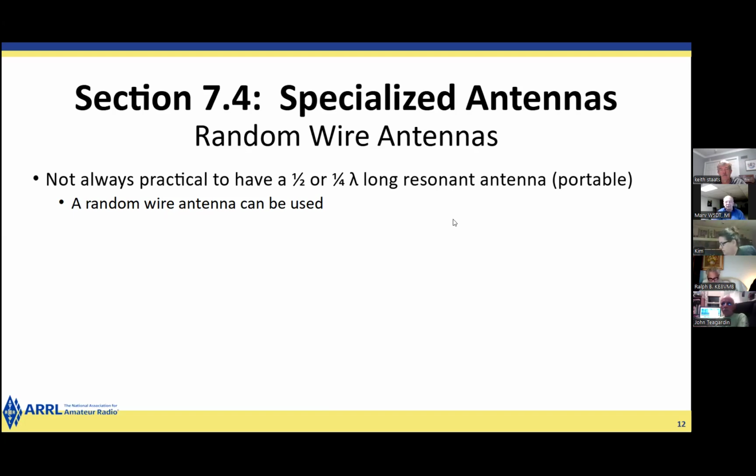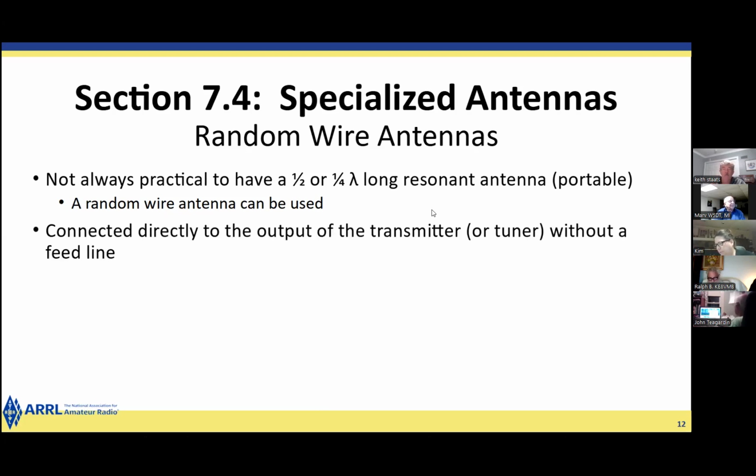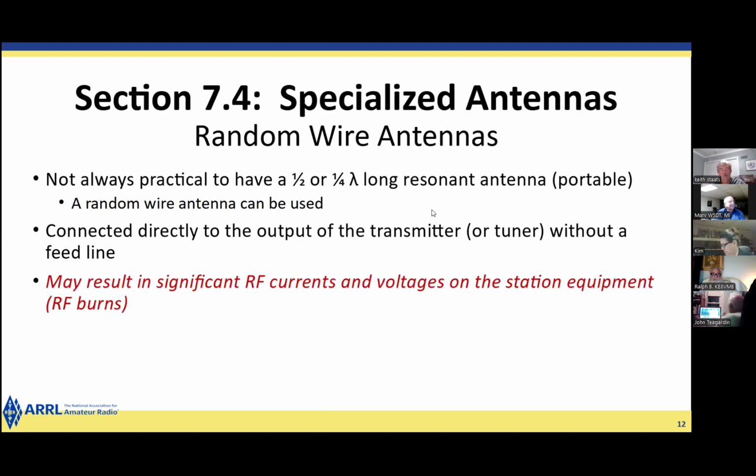In other words, just throw something out there and tune it. You connect it directly to the output of the transmitter without a feed line. And here's the kicker: it may result in significant RF currents and voltages on the station equipment.